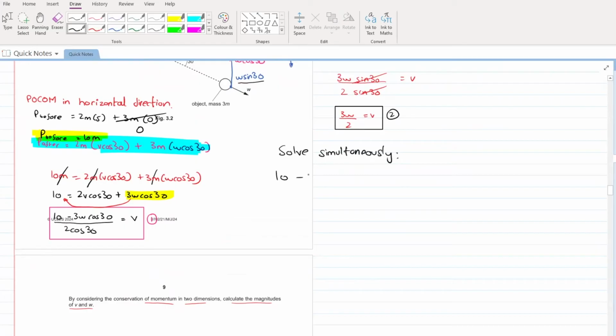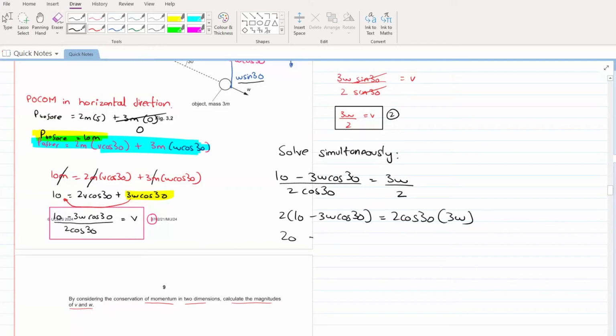10 minus 3w cosine 30 divided by 2 cosine 30 is equal to 3w over 2. Cross multiply it, beta. 2 into 10 minus 3w cosine 30 is equal to 2 cosine 30 multiplied by 3w. This becomes 20 minus 6w cosine 30 is equal to 6w cosine 30.